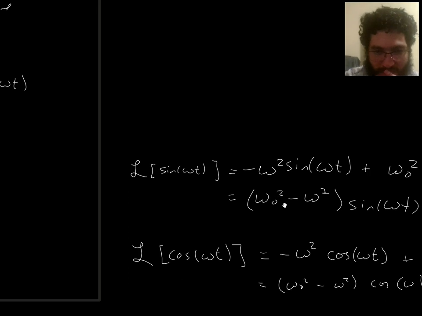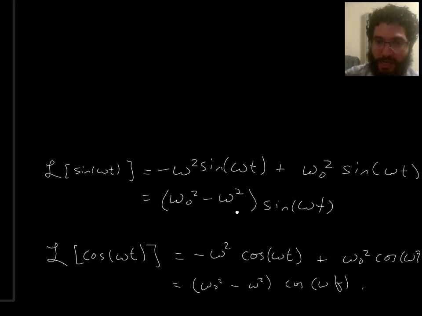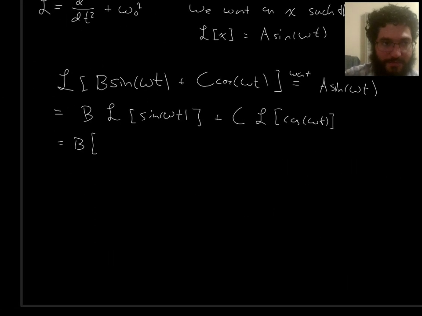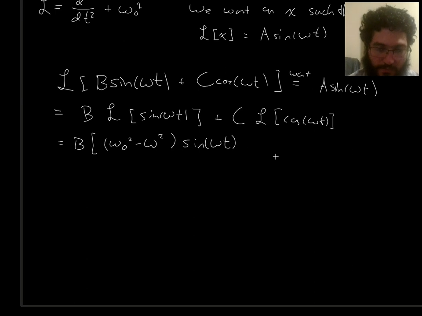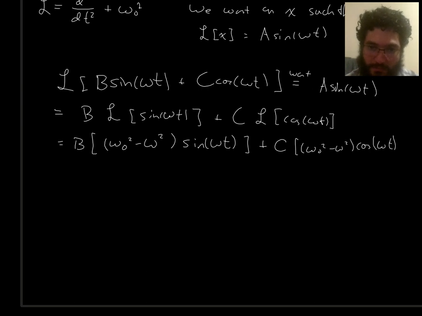Omega naught squared minus omega squared sine omega t. Okay. Plus here c, and then this one was the same thing but with a cosine. All right.